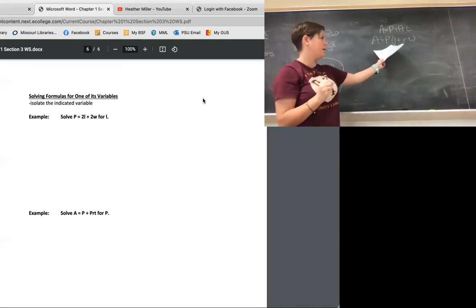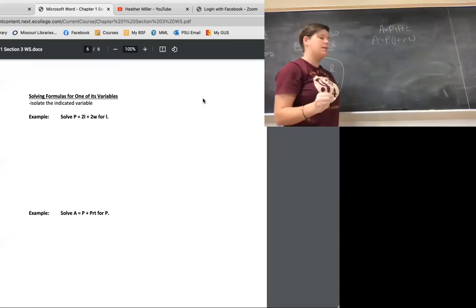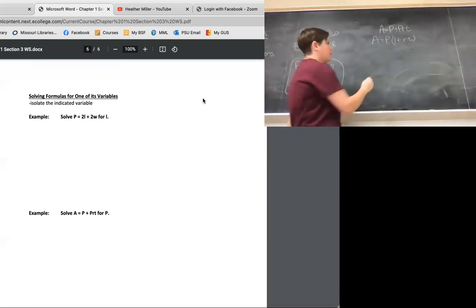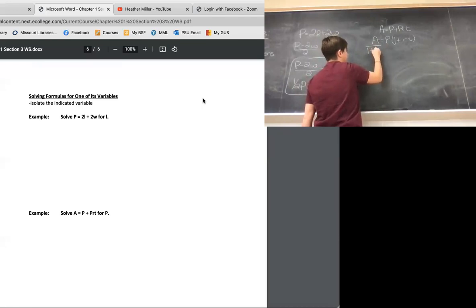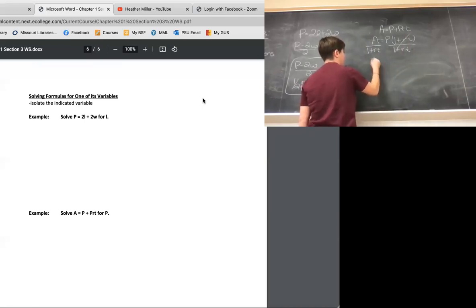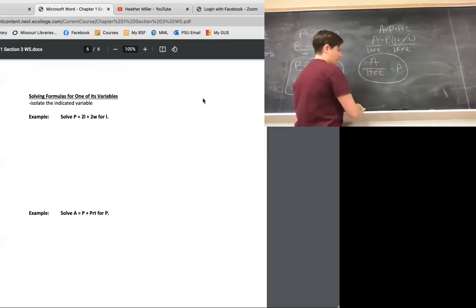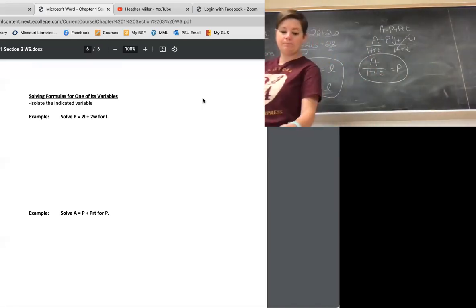That P is multiplying the 1 plus the RT, so that means I need to divide both sides by the 1 plus the RT. I do that, so that'll go away. And I get A over 1 plus RT equals P.